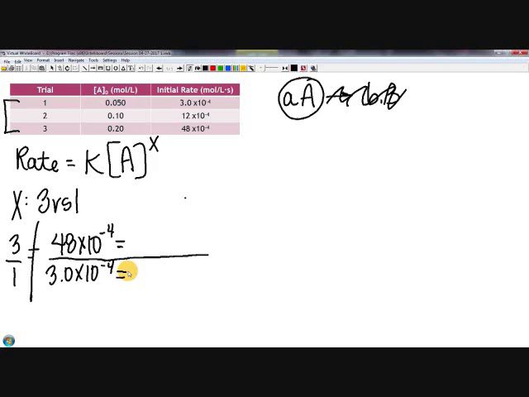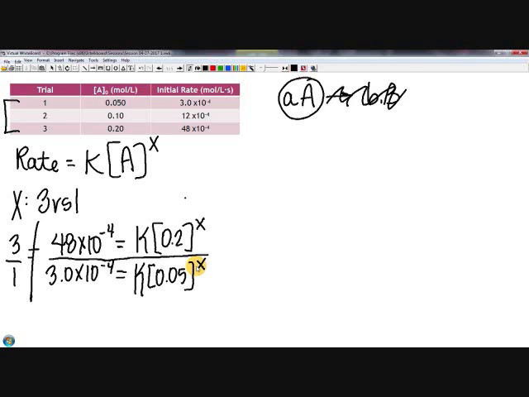So let's just keep going on the top. So next I have K, and then I need the concentration of A from the middle column, which for line 3, because we are doing 3 on top, is 0.2 raised to the X power, because I got to include that. And then on the bottom, I have K times the trial 1's concentration, 0.05 raised to the X power.